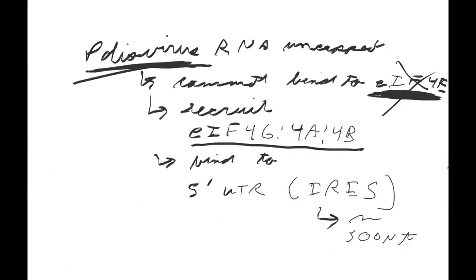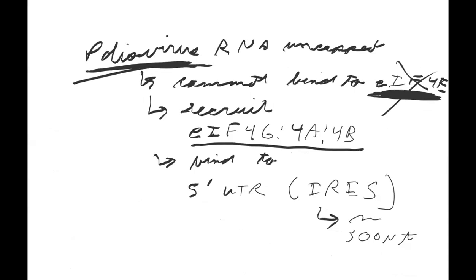Now, the poliovirus is an RNA that's uncapped, okay? So it doesn't have the 7-methyl guanosine structure, okay? So it can't recruit the EIF4E, right? It can't bind.